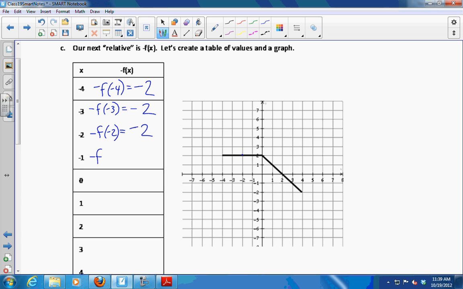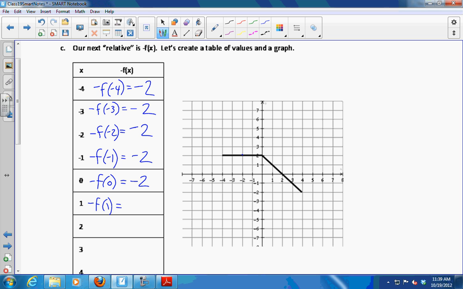And negative f of negative 1. Well, f of negative 1 is 2, so I have to take the negative of that, negative 2. Negative f of 0. F of 0 is 2, and I have an opposite sign out front, so it's going to be negative 2. And I have to take negative f of 1. Well, f of 1 is what?